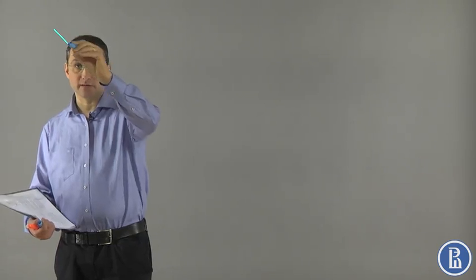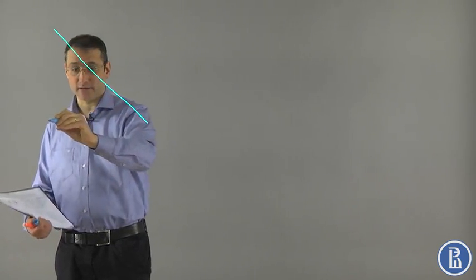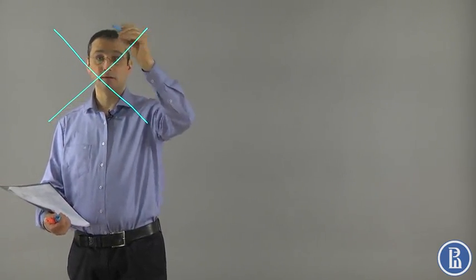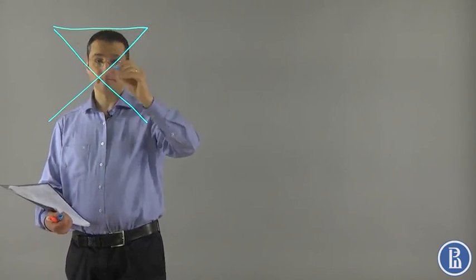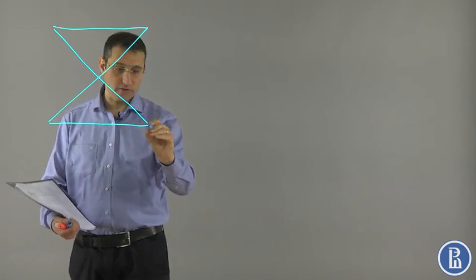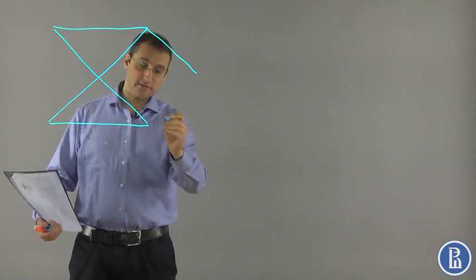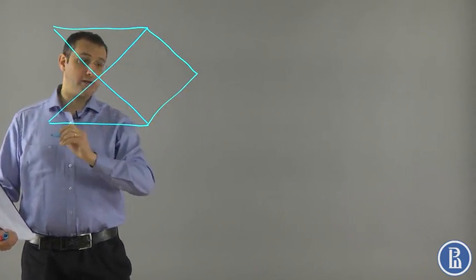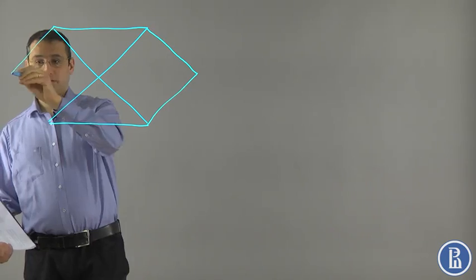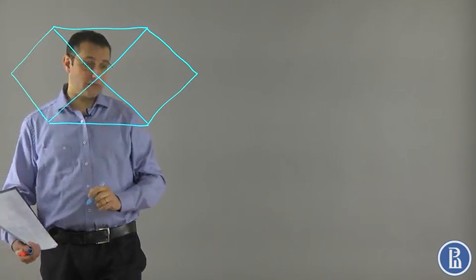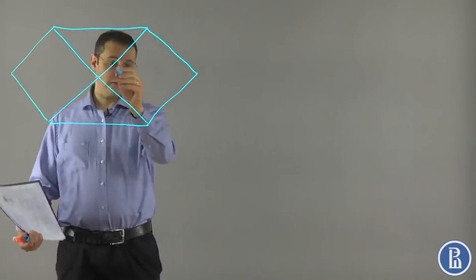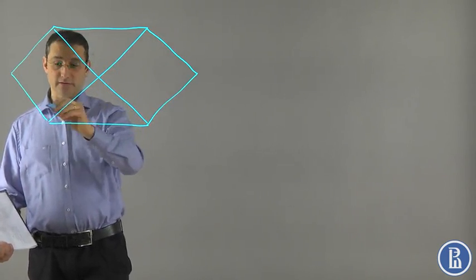So this is a light-like line. I didn't draw it carefully on the previous board. So let me draw it more carefully. This is parallel to this. This is parallel to this.